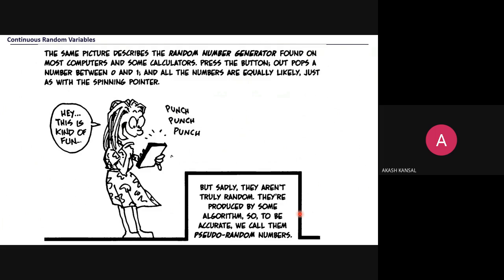You can try it once in Microsoft Excel, where we have a random between function, and get the samples, see the mean, and so on. Again, they're saying it's not truly random because it's produced by some algorithm written inside the operating system.